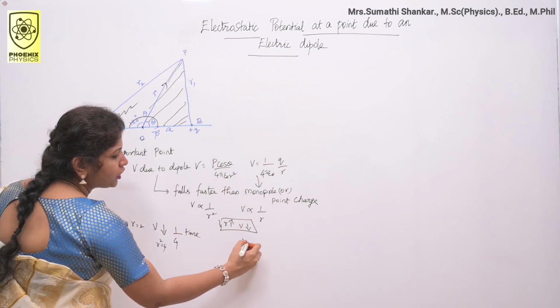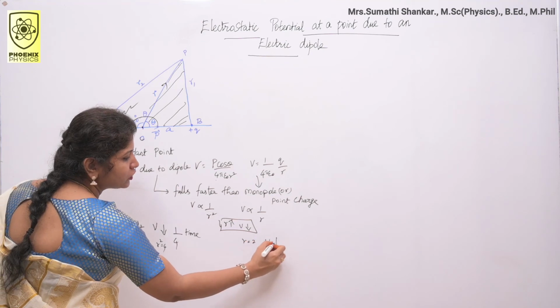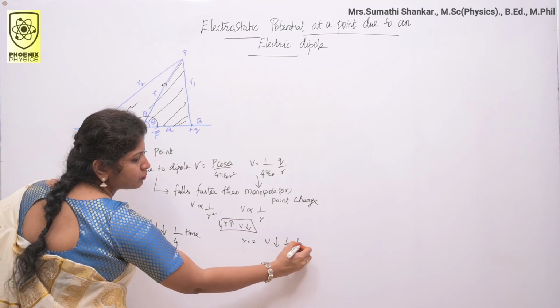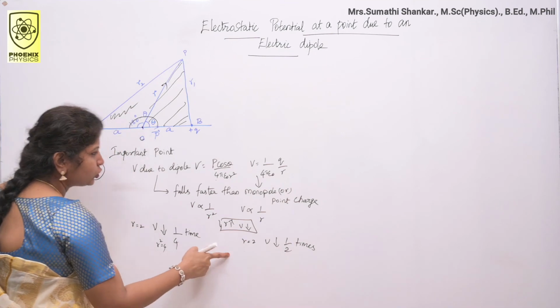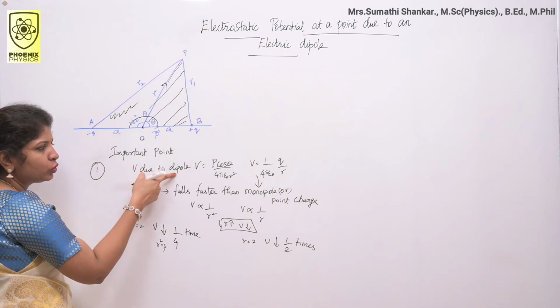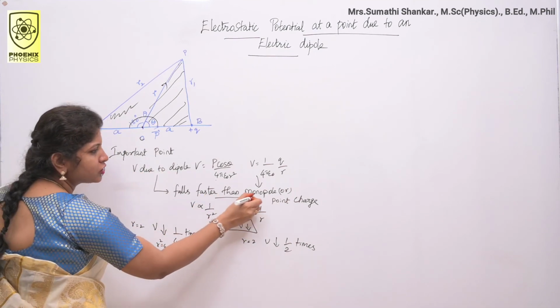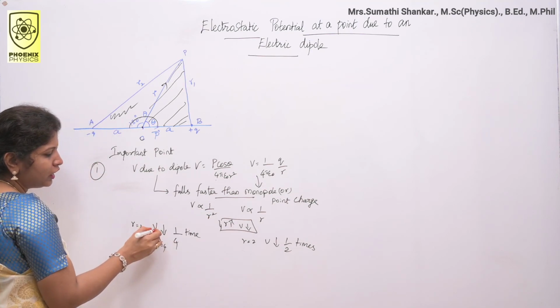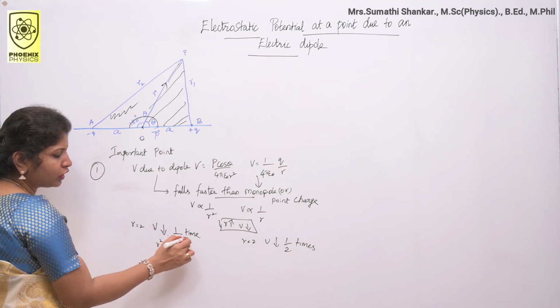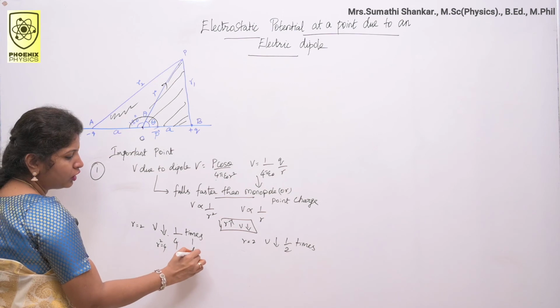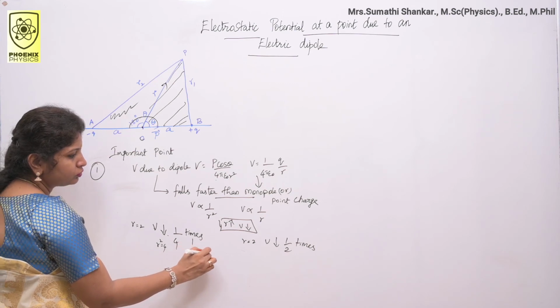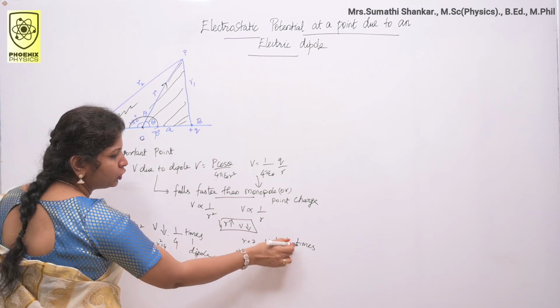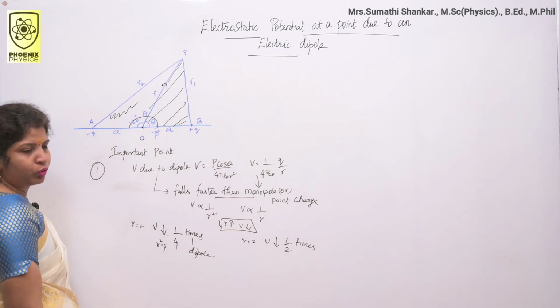For the monopole, R equal to 2 means V decreases 1 by 2 times. That is why I said potential due to dipole falls faster than monopole. Here V decreases 1 by 4 times for dipole. Here V decreases 1 by 2 times for monopole.